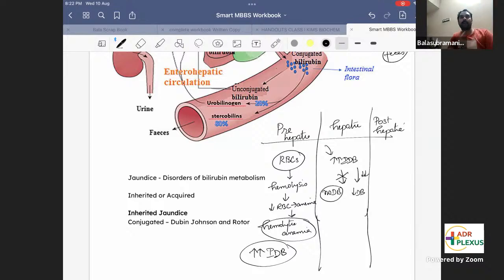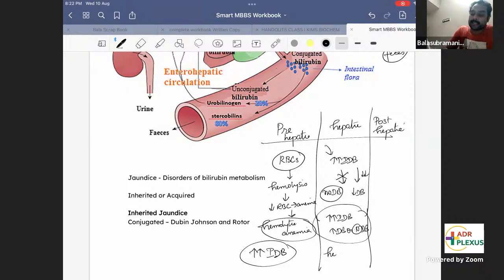So the conjugation process being absent means we will have increased indirect bilirubin, and sometimes increased or normal direct bilirubin. So both the fractions are abnormal. Then it is called hepatic jaundice.